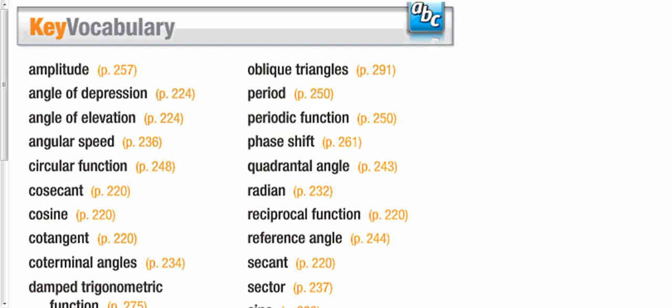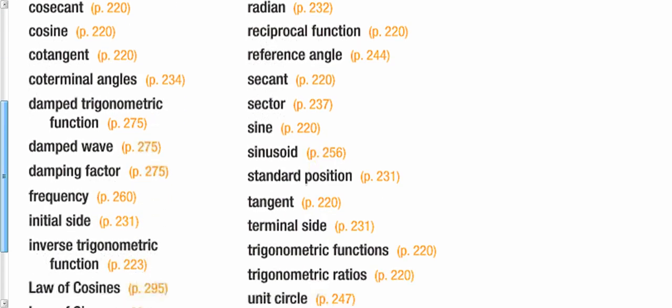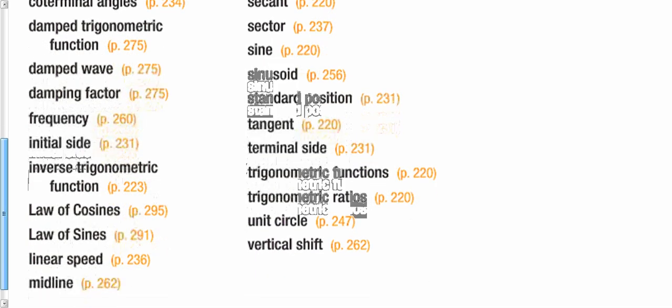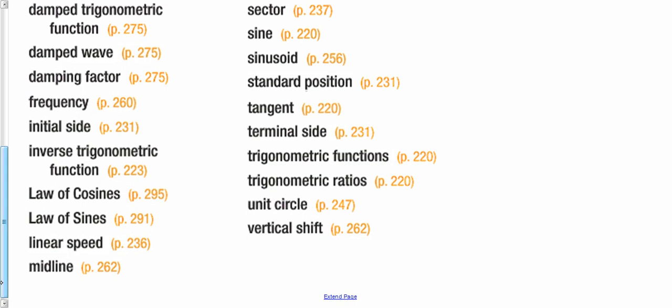Okay, so let's get started. First, vocabulary. So basically, these are all the different vocabulary terms that we have discussed through Chapter 4. Take a look at them. Hopefully, you remember what they all mean and know how to use them in the different graphing functions.